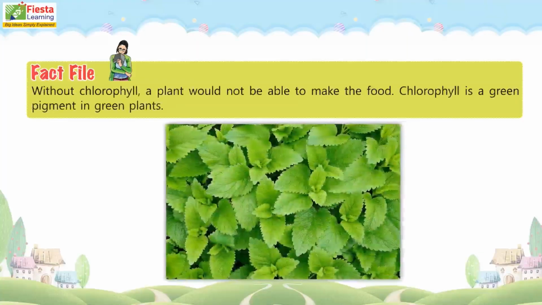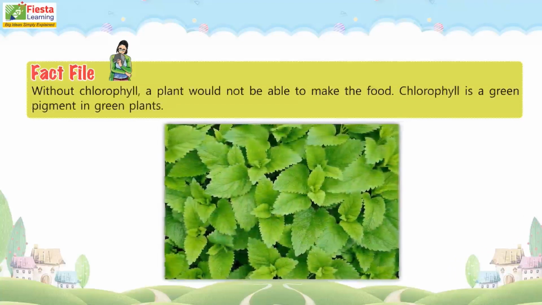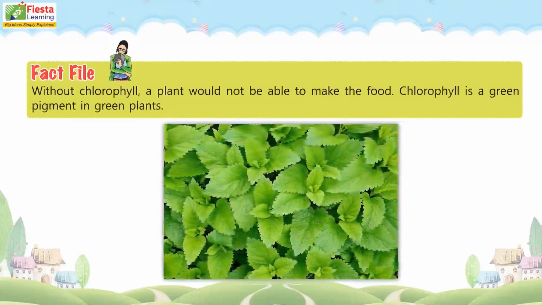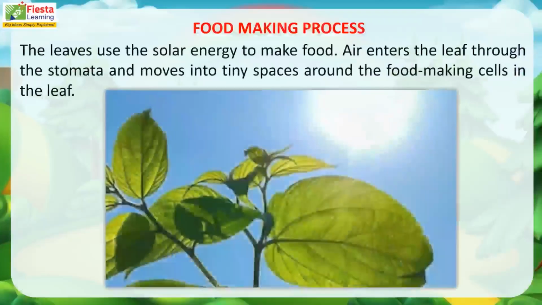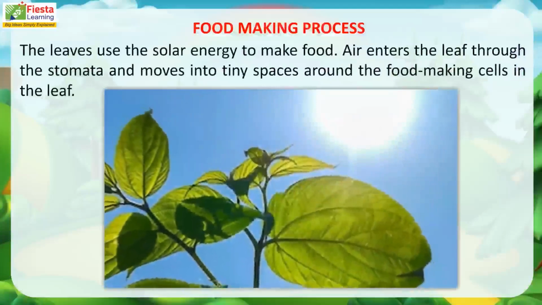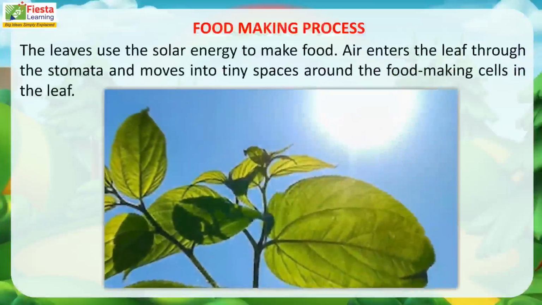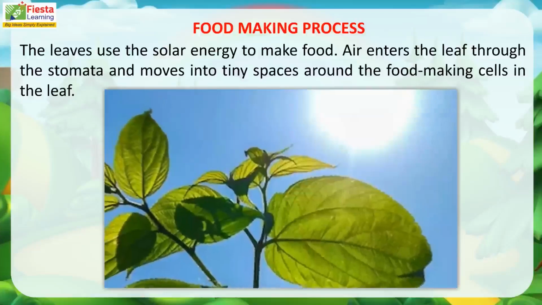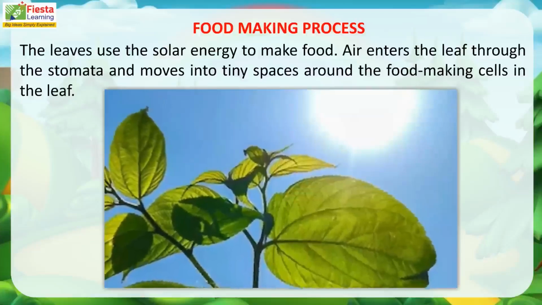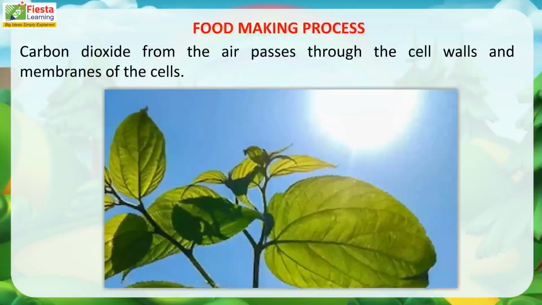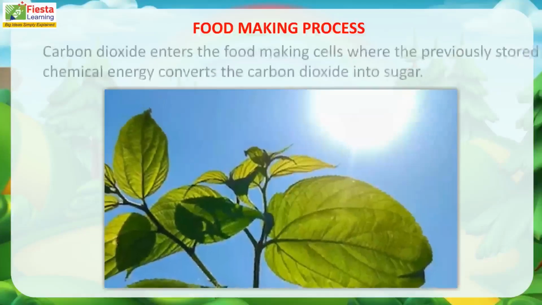Fact 5. Without chlorophyll, a plant would not be able to make food. Chlorophyll is a green pigment in green plants. The leaves use the solar energy to make food. Air enters the leaf through the stomata and moves into tiny spaces around the food-making cells in the leaf. Carbon dioxide from the air passes through the cell walls and membranes of the cells.